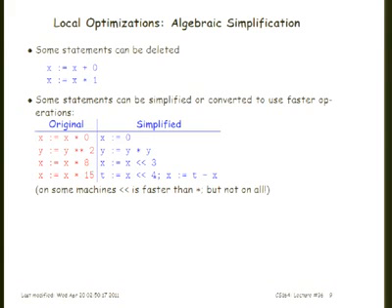Or you can have multiplication by things that aren't powers of 2 but are easily representable, as you see there. So times 15 is the same as times the quantity 16 minus 1, which is the same as multiplying x by 16 and then subtracting x. These are all tricks that people have done in the past. Unfortunately, not so interesting today, except maybe when you're talking about floating point.